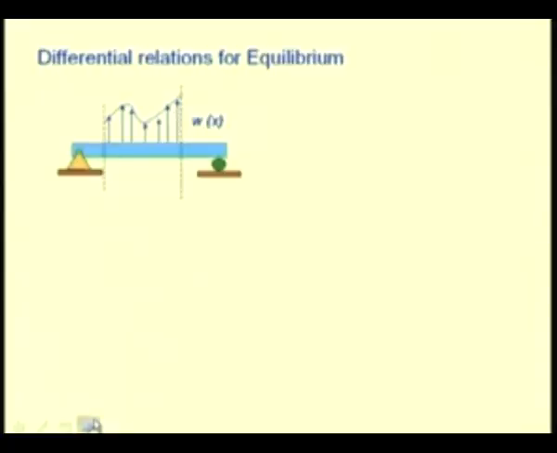Here in the picture you see a continuous loading function, say W of x, which varies with respect to the length of the beam. Here, for the purpose of deriving the relations, we have considered the loading to be in the positive y direction.